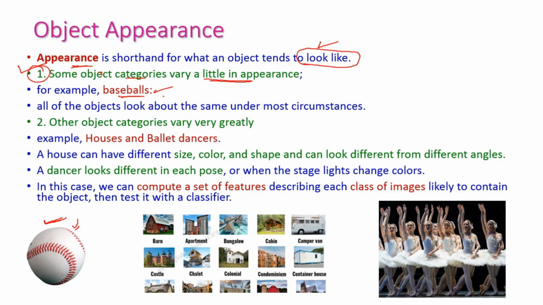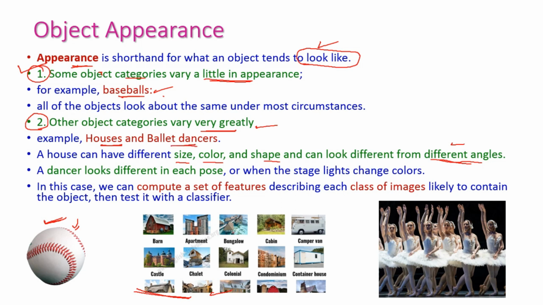When it comes to the second category, the variations are very different. Very high variation will be there. First one is the house. We have so many different types of houses. It varies based on size, color, shape, and the house can look different even from different angles. So the variation is very great here. And the second one is the ballet dancer.